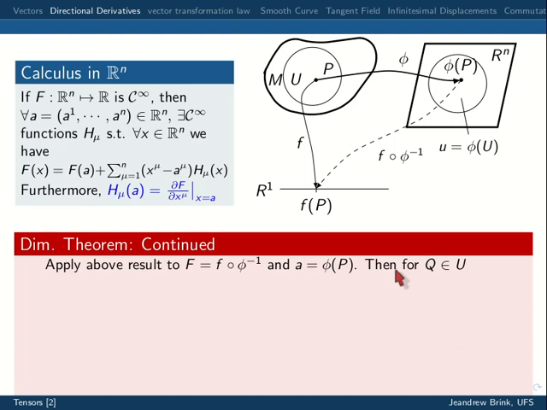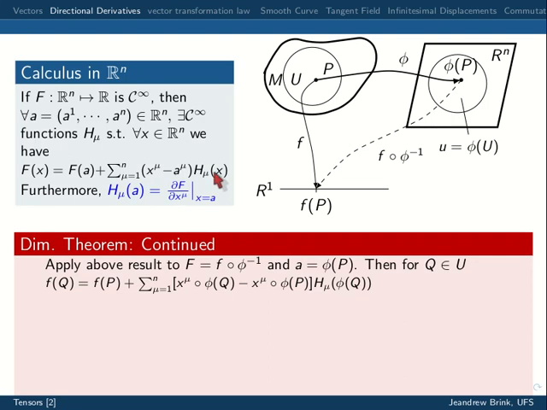And then what we're going to say is for any other point in U, say Q is over there, some distance from P, we're then going to say x is simply phi of Q. Okay, so for any Q in U, we have that F evaluated at Q, in other words, this F that goes back down there, is equal to F evaluated at P plus the equivalent of this thing.